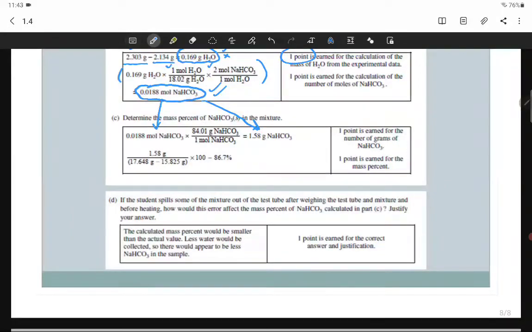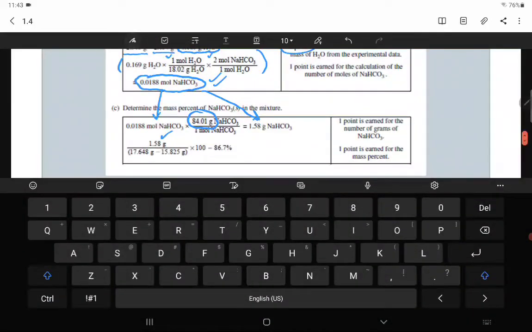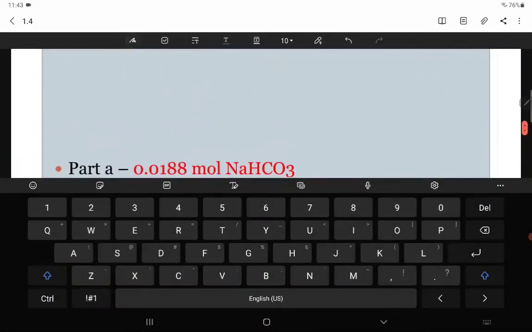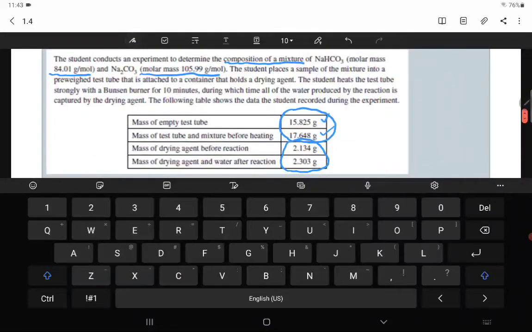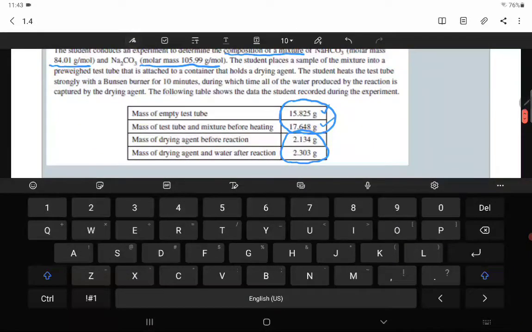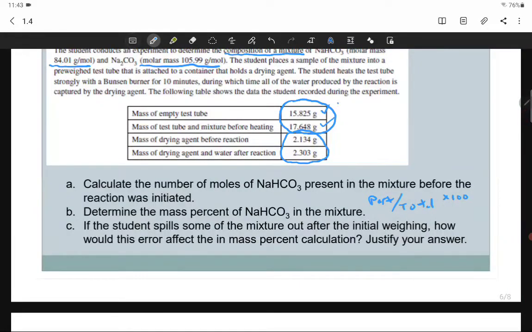And how do we do that? With the molar mass, and that molar mass was already given to us. Okay, so 1.58 is our part. And how do we find our total? The total is all of the mixture. And so if you remember, we weighed out a test tube. And then we weighed out the mixture and the test tube. So if you subtracted those two numbers, that's going to give you all of our mixture.